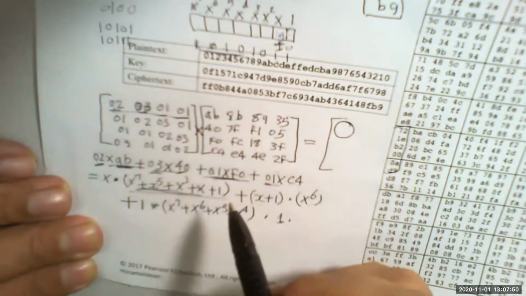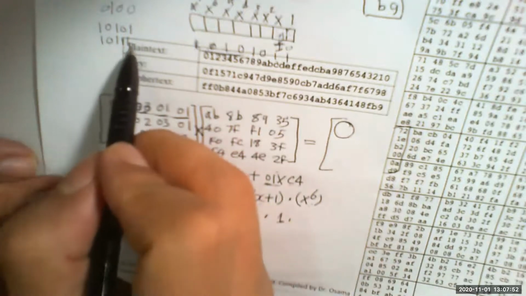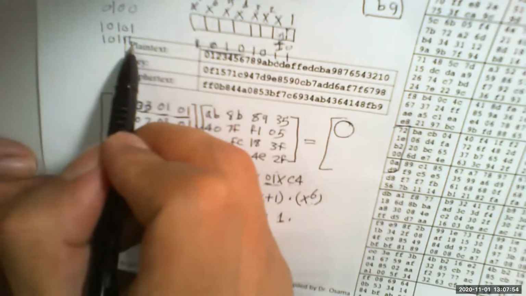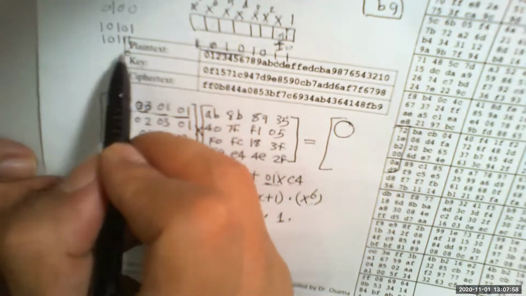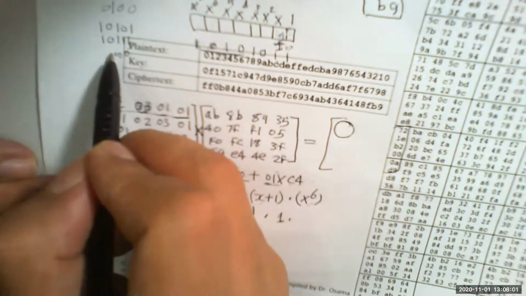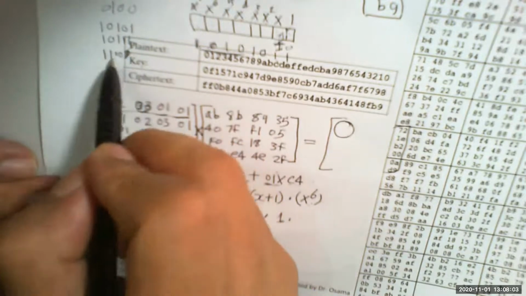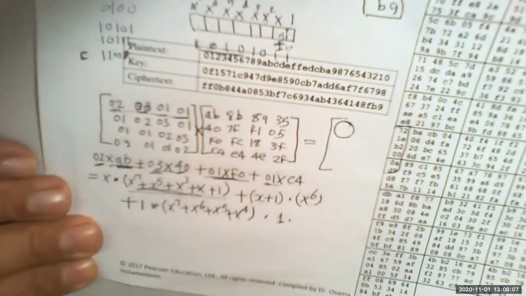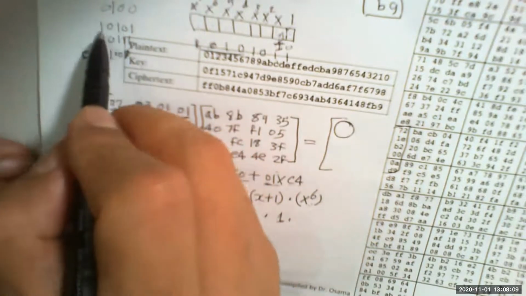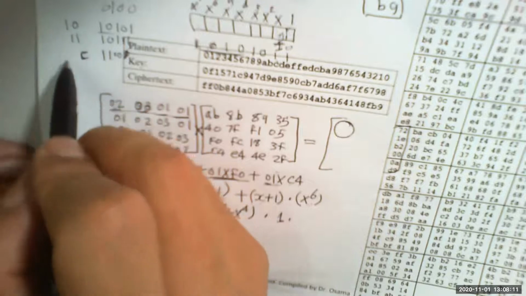And the C is adding 1 to these. So adding 1 is like 0011. This should be C, because A is 10, 11, 12.